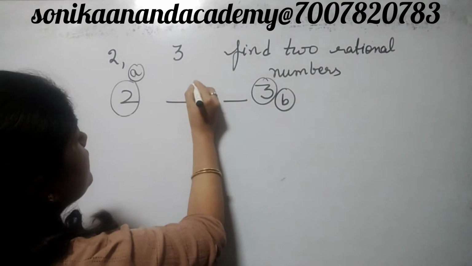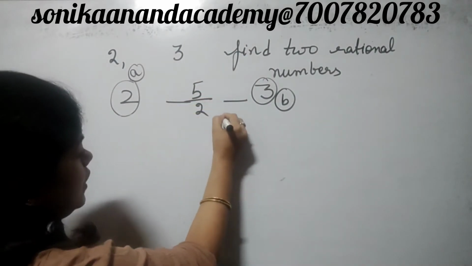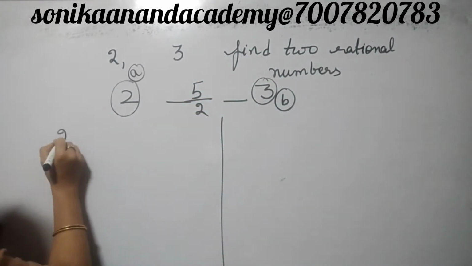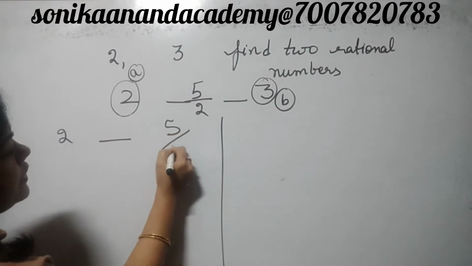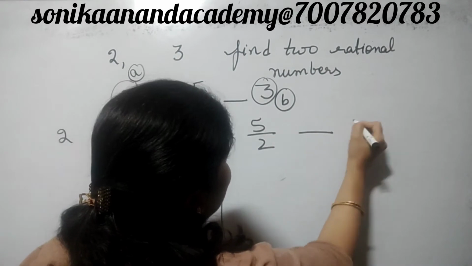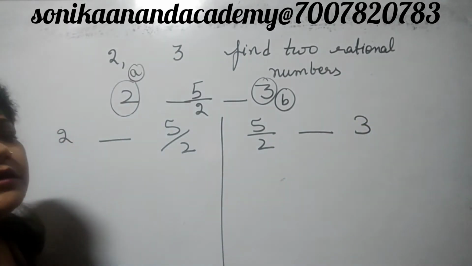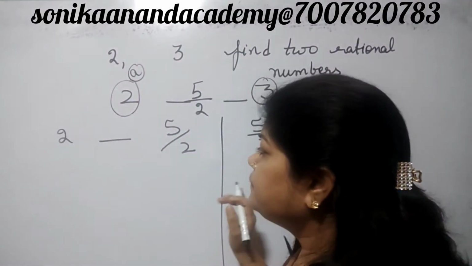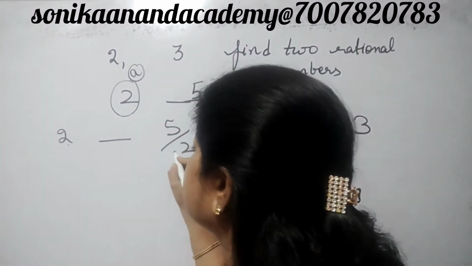For example, we get 5 over 2. Now if we take 2 and 5 over 2, what will we get? If we take 5 by 2 and 3, what will we get? You can use either. So this becomes A and this becomes B.